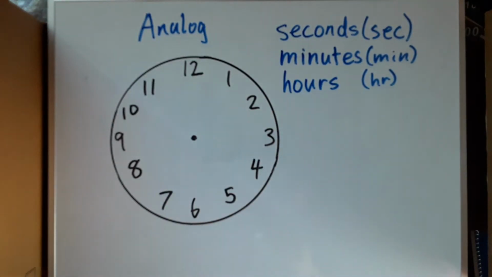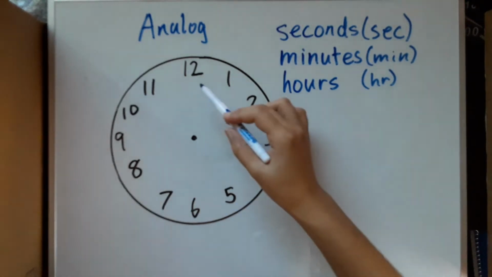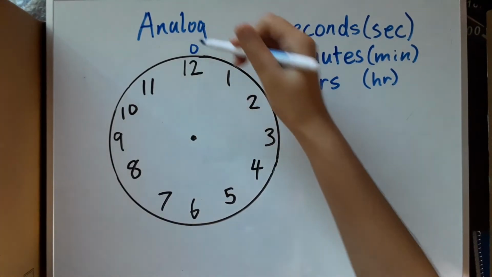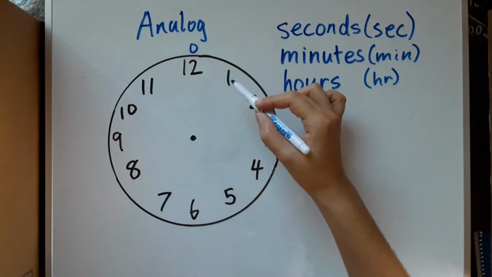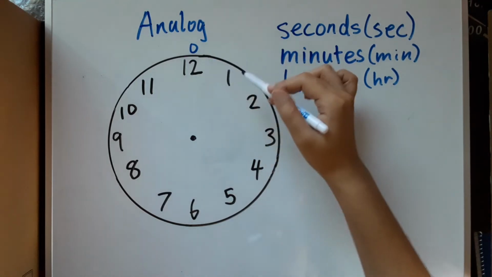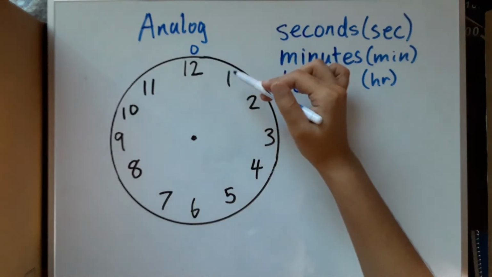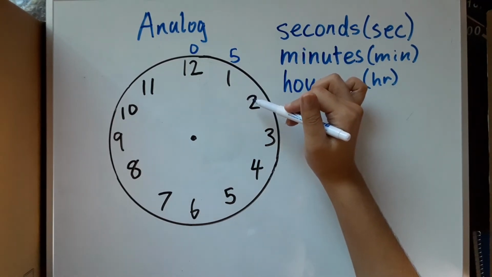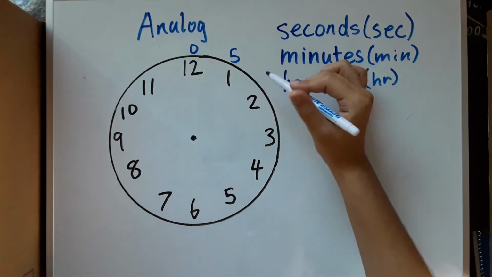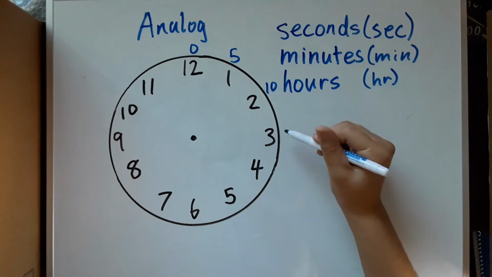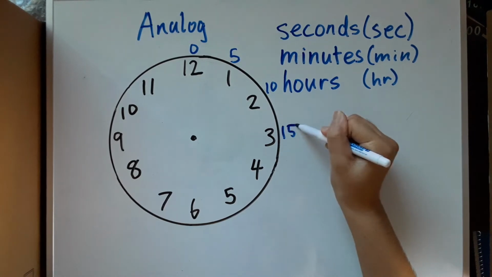What you don't see written on an analog clock is that the numbers are also used to measure minutes. At the 12, our starting point, it's at 0 minutes. Each number forward is 5 minutes forward. So from 12 to 1, it would be 0 to 5. From 1 to 2, you would add 5 minutes, so that would be 5 plus 5, which is 10. From 2 to 3, you would add another 5, which would be 15.